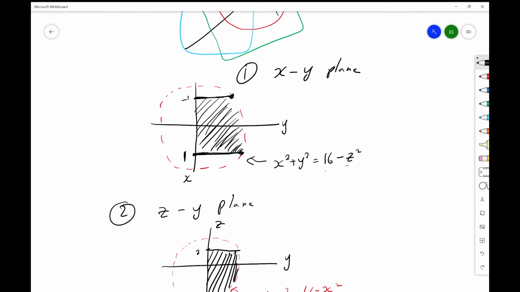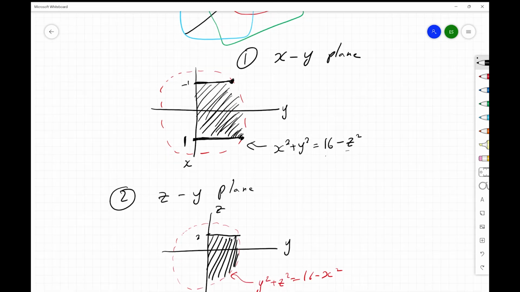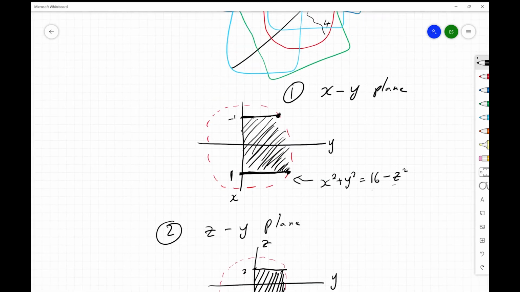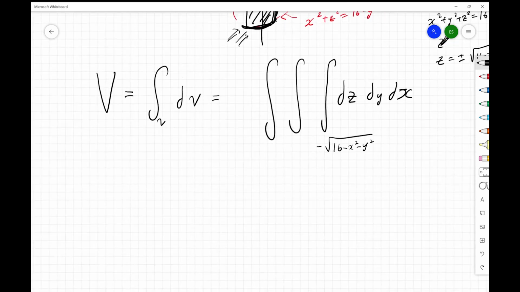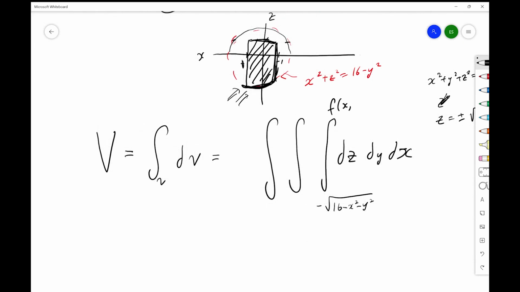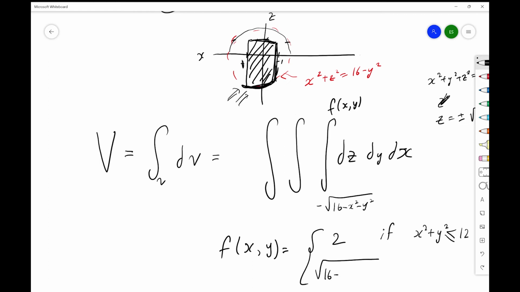Did I make a mistake somewhere here? I don't think so. This is kind of confusing, but it's going to some function of x and y. What is that function of x and y? If x squared plus y squared is less than 12, it is going to be square root 16 minus x squared minus y squared, and if x squared plus y squared is larger than 12, something else.